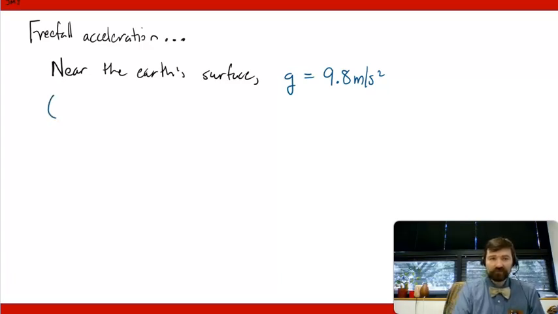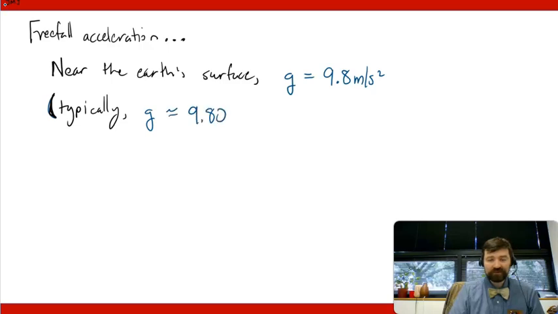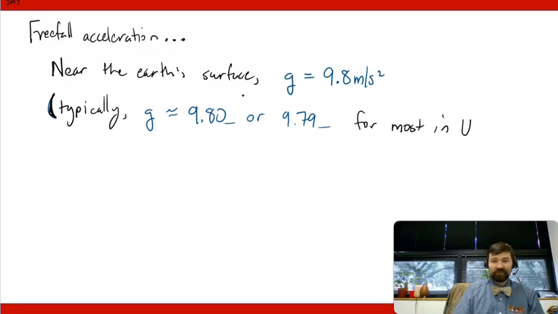Typically, for most of you in the US who might be watching this, g is about 9.80 or 9.79 something. There are some places where the value can be as high as about 9.81, but we will typically use this right here.